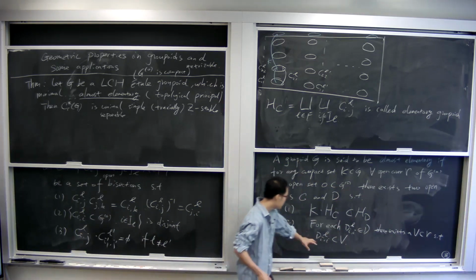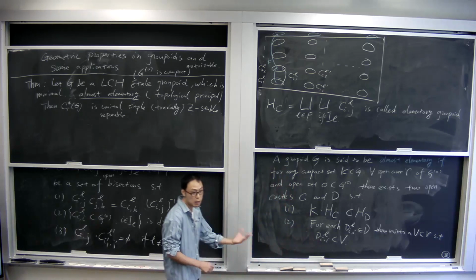So that actually means all levels in D and in C can be uniformly small.